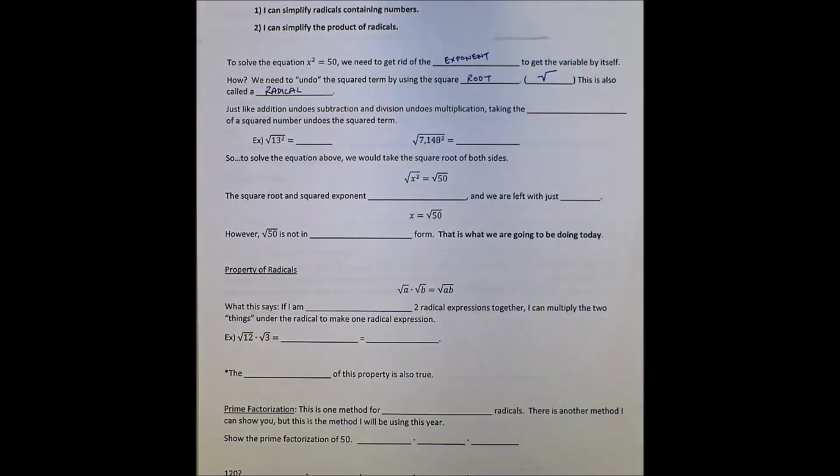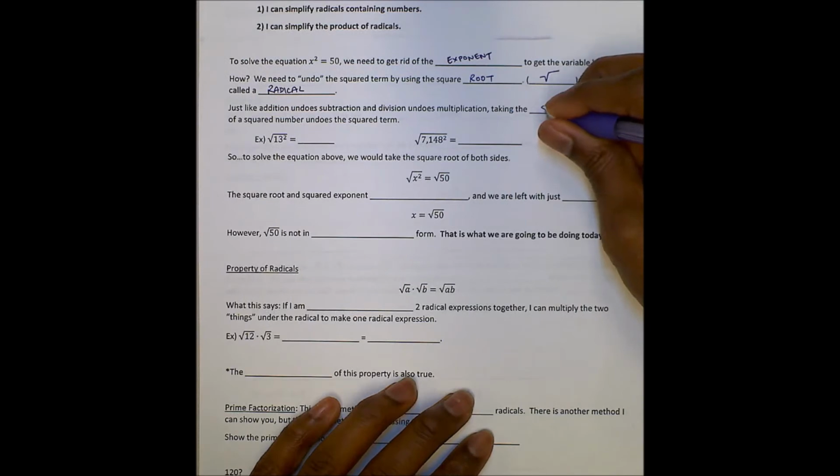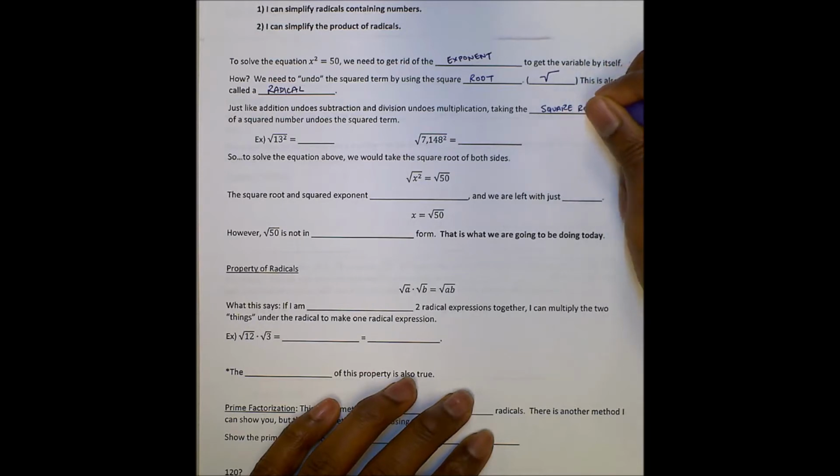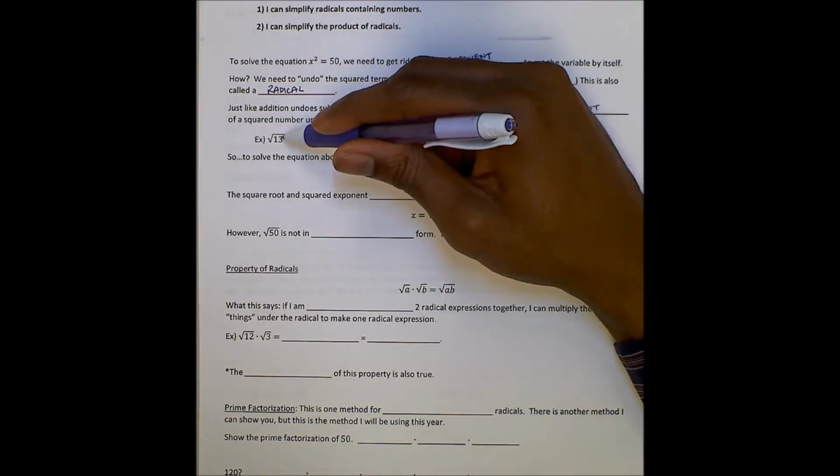Just like addition undoes subtraction and division undoes multiplication, taking the square root of a squared number undoes that squared term. So look what happens when we have the square root of 13 squared.